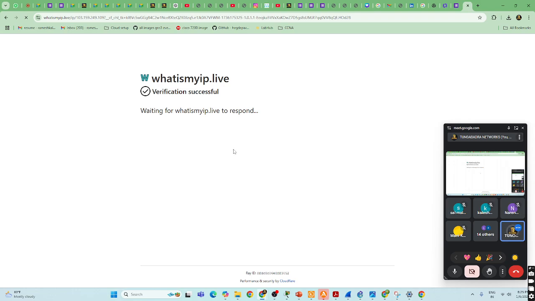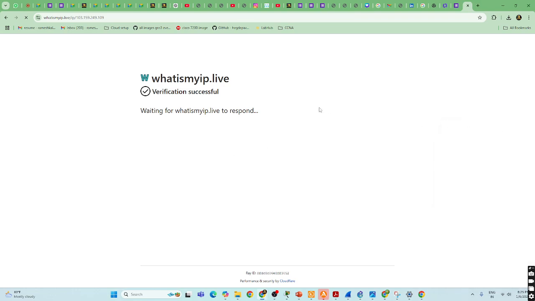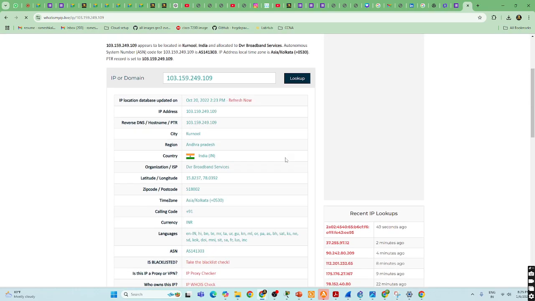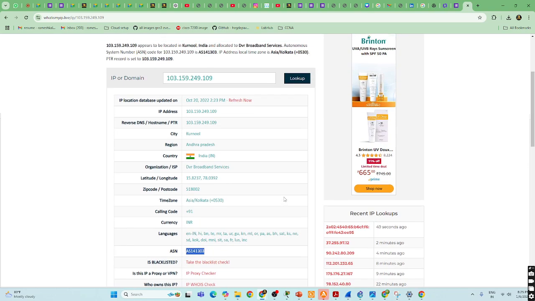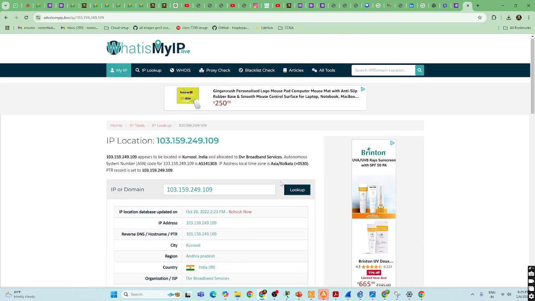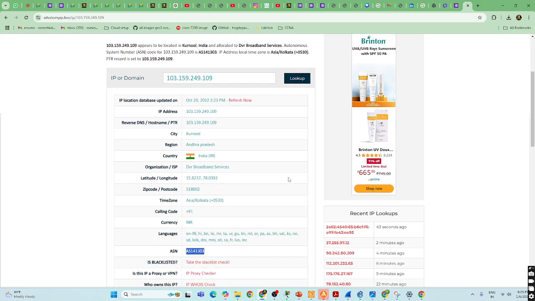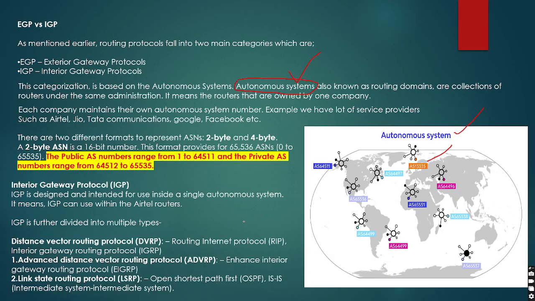My local broadband connection also has one autonomous system number. It's loading. Let's see. Yeah, this is the autonomous system number 141300303. Everyone understood? Every company, every service provider who is providing internet services will have an autonomous system number. Clear, brother, about autonomous system number? Anyone having any issues? Any questions?